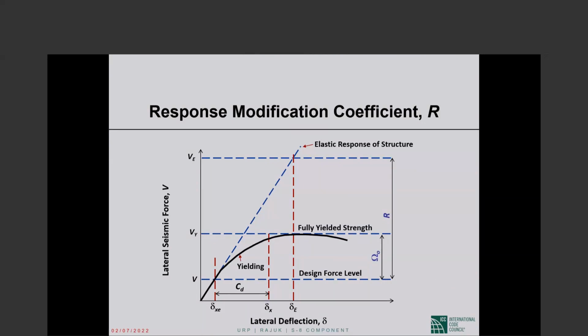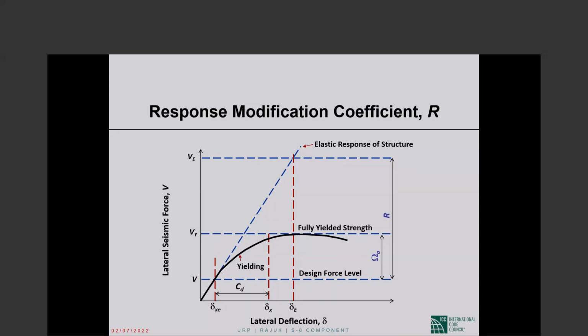R is given for each structure. Well, let me put it this way. There are in table 12.2-1 of ASCE 7 a number of seismic force resisting structural systems listed.